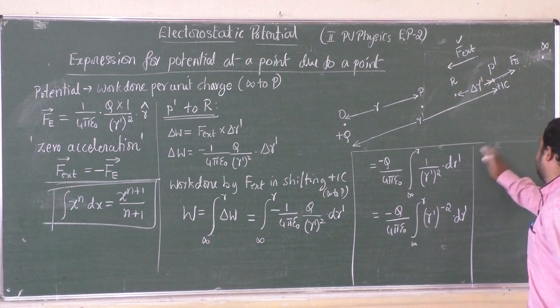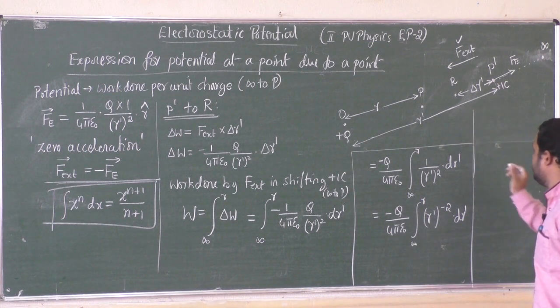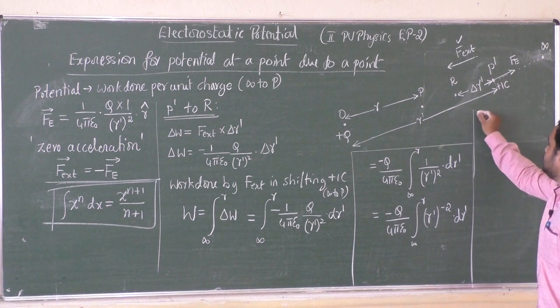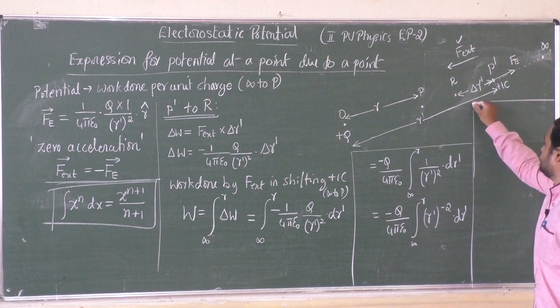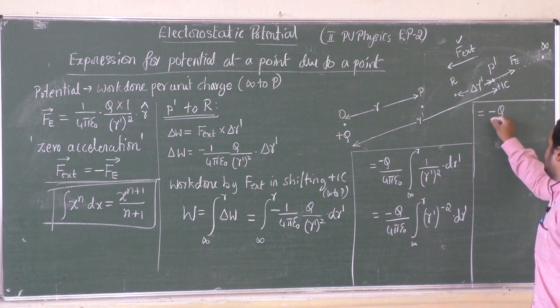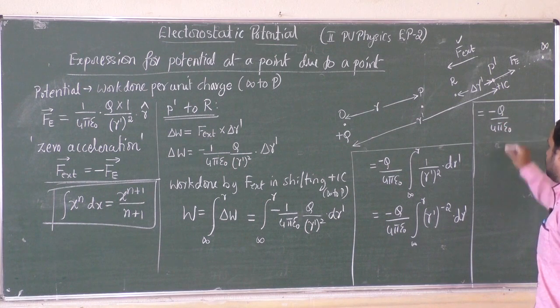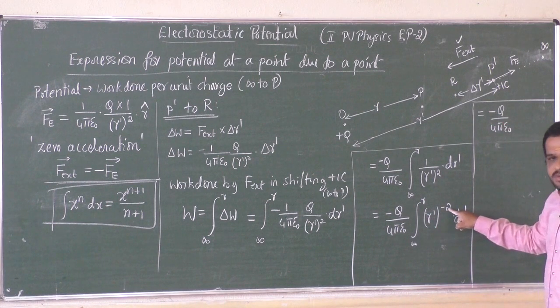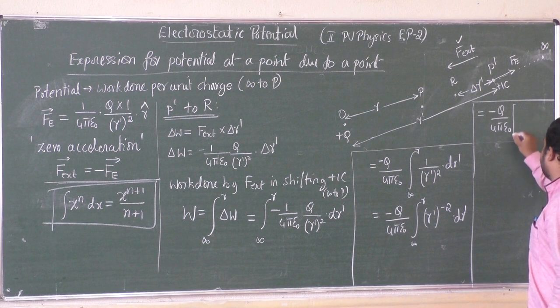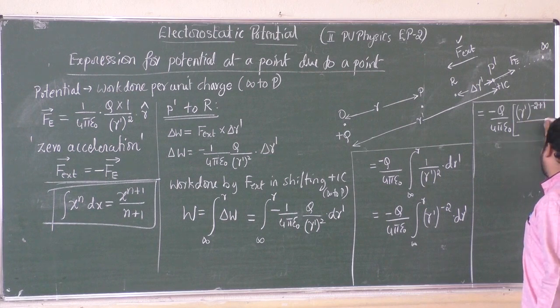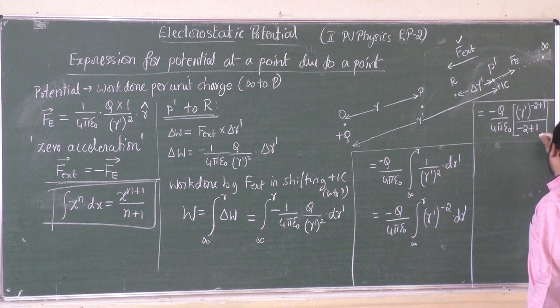So on integrating this term, what we get is minus q divided by 4 pi epsilon naught, r dash to the power minus 2 plus 1 divided by minus 2 plus 1, with the limits infinity to r.